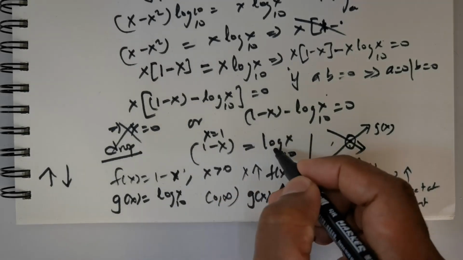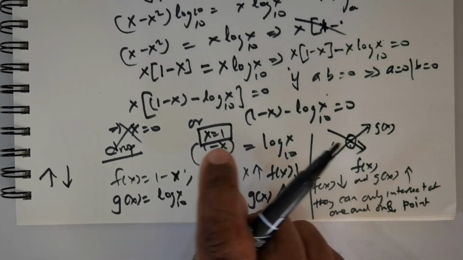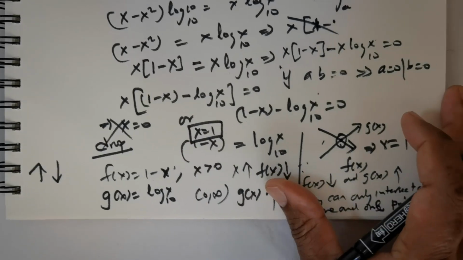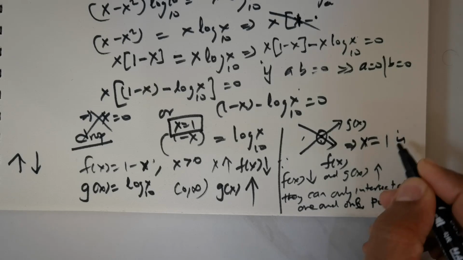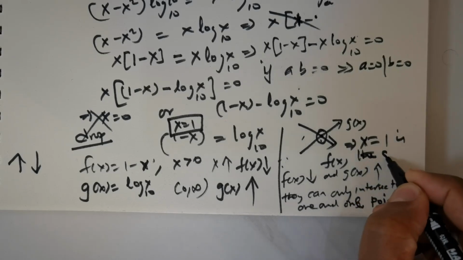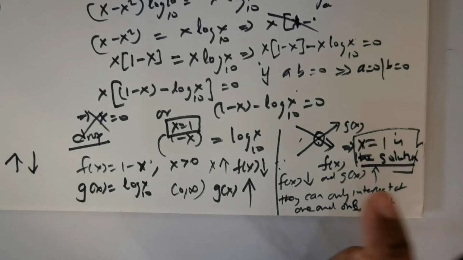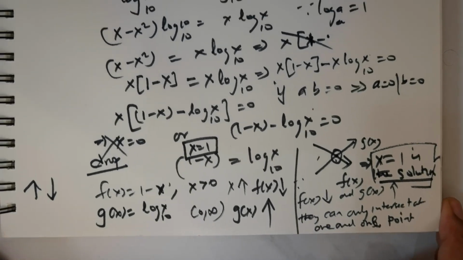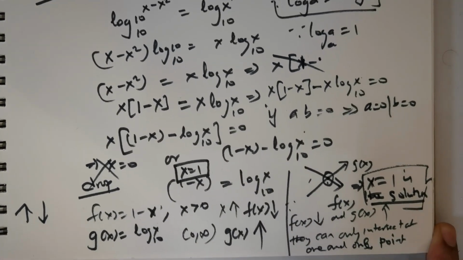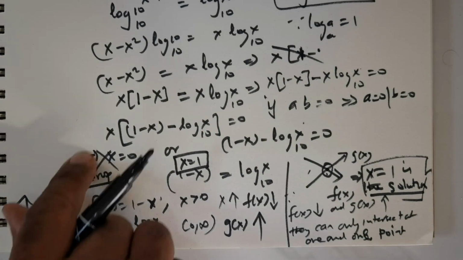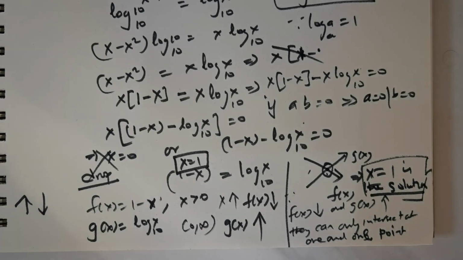The left hand side is equal to the right hand side only when x is equal to 1. So x is equal to 1 is the solution. You follow me? It's a lovely question, and to get full marks you need to substantiate your argument with the information that I've given you here. Thank you everybody. Enjoy your day.